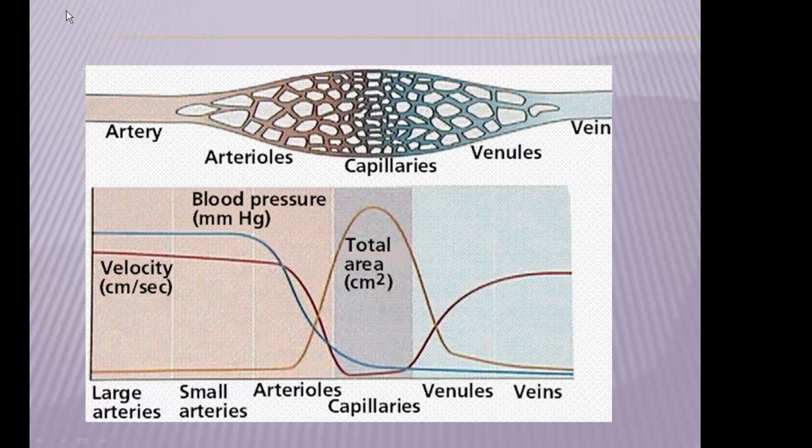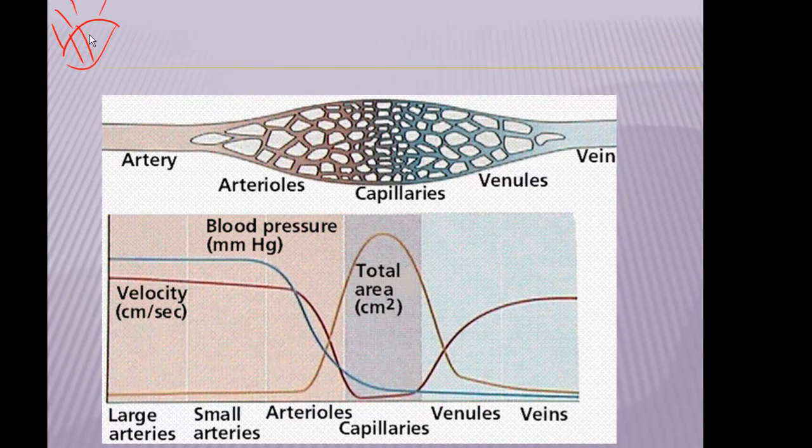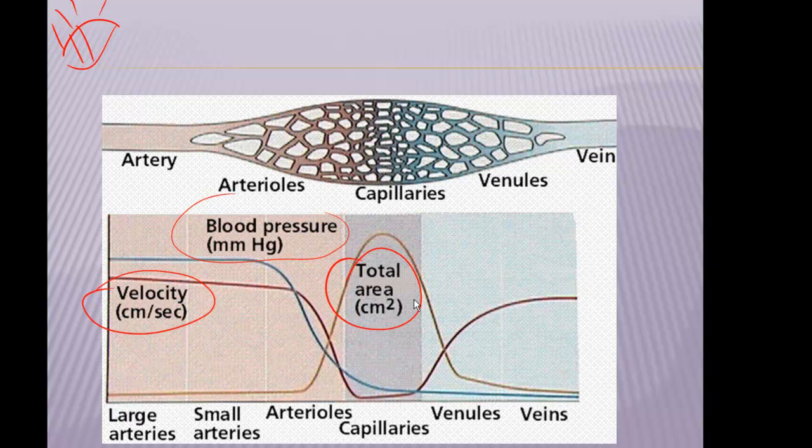This is an important graphic. I would invite you to look at this as a helpful understanding of how blood pressure, velocity, the speed, and total area change as we move through arteries and onto veins. Just going to show you the major trends.